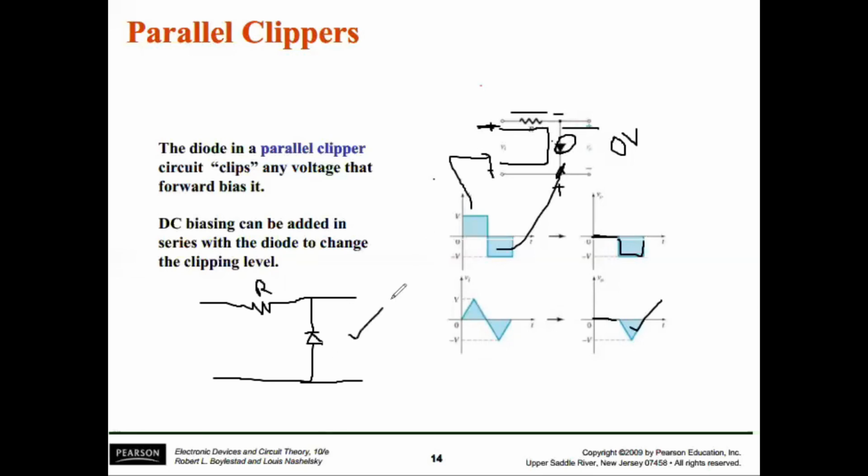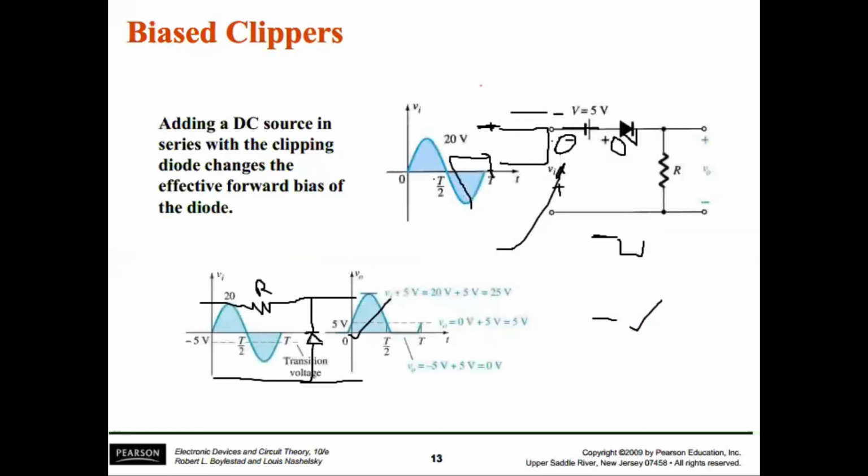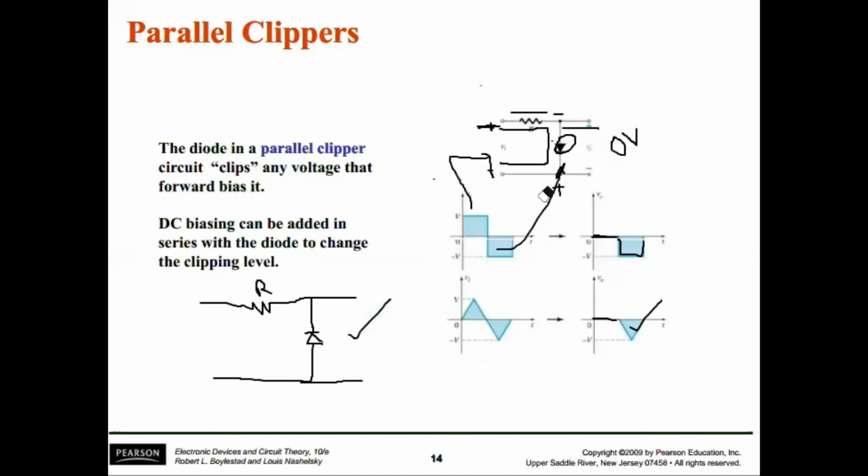Please try this one and see what will happen here. This is for your practice, and it will behave opposite to this one. If the waveforms are in this direction, in this circuit the waveforms will be different at the output level.